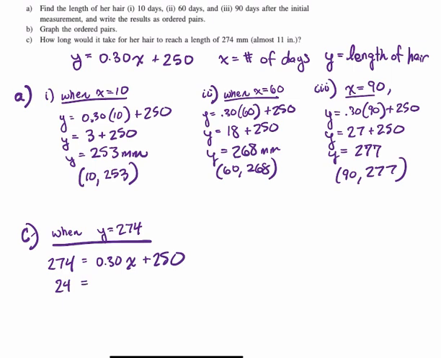So 24 equals 0.30x. And then we would want to divide both sides by 0.3. If you divide 24 by 0.3, it actually becomes larger. If you divide by something less than 1, it will grow in size. That should give you 80.